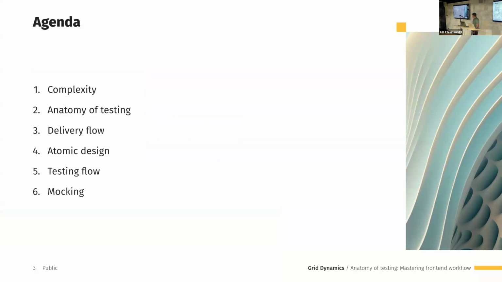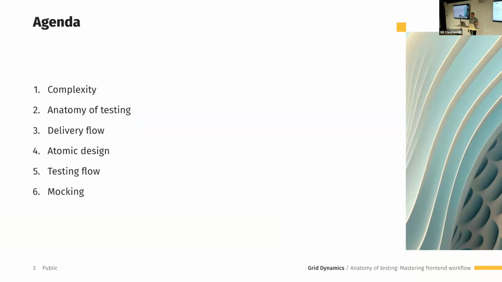This presentation today is based on my experience setting up the test automation strategy for an e-commerce project, but the concepts can be applicable for other domains as well. Today we'll highlight the key challenges that modern web applications pose to us. We'll explore some fundamental concepts and principles that underlie an effective testing strategy.